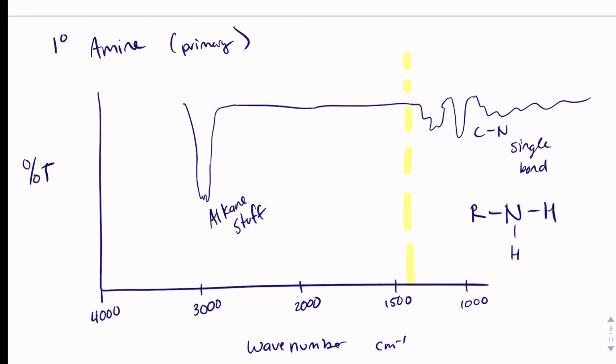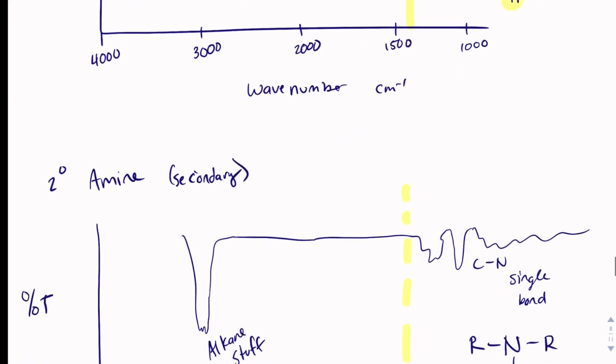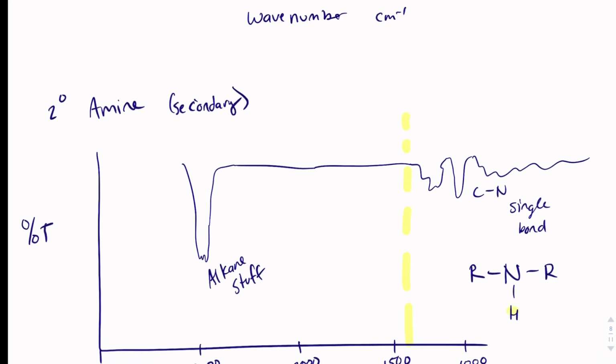Is in the OH section, that's also the NH section. Now we're going to get, it's not going to look so broad and parabolic, but we're going to get peaks. Here we have two H's. So we're going to get two NH peaks. So this is NH. When we do that for secondary, if we look, we've only got one H. So we will just have one peak.